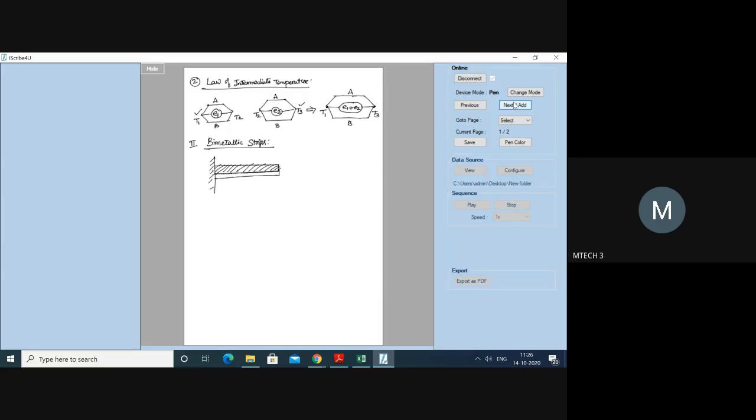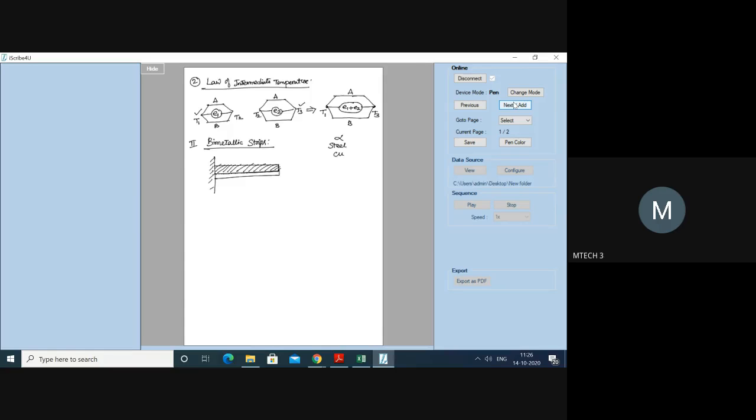Now, as we have two different metals, what should be the alpha of them? Will it be the same or different? Let's say one is steel, another is copper. Is the alpha value of steel and alpha value of copper the same? No, definitely not. Now I will choose two different metals with different values of coefficient of expansion.